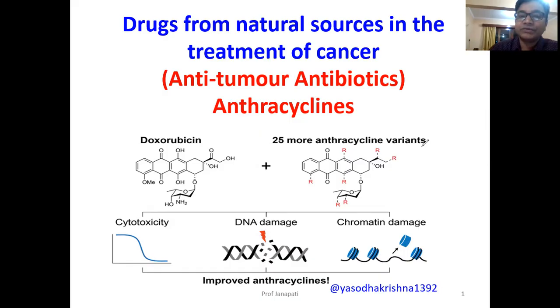Today, we are going to learn about anti-tumor antibiotics, in continuation to the previous video on anthracyclines. Among anthracyclines, doxorubicin is the most prominent drug. Apart from that, there are a few drugs already marketed and approved by regulatory authorities: doxorubicin, daunorubicin, epirubicin, idarubicin.